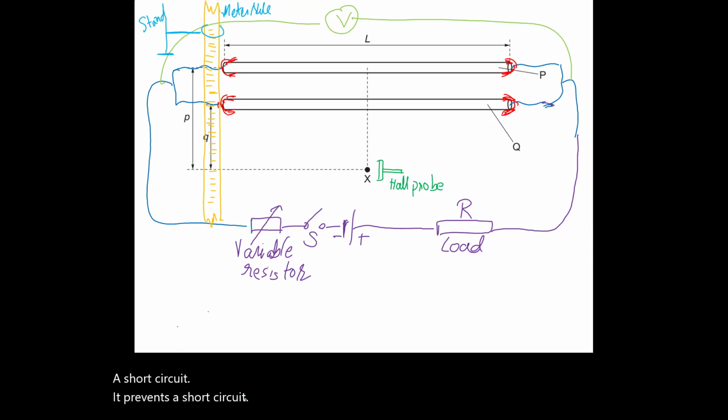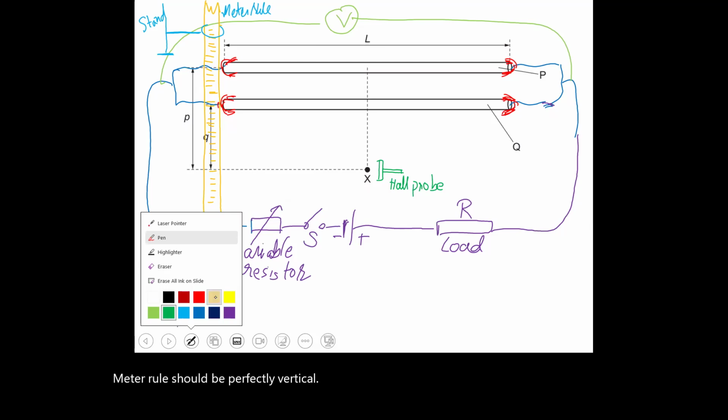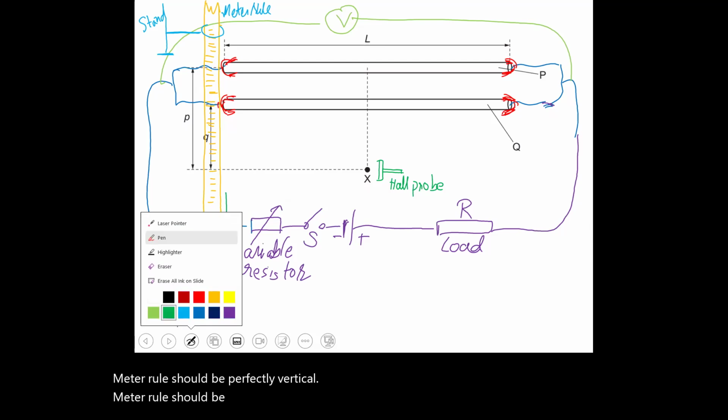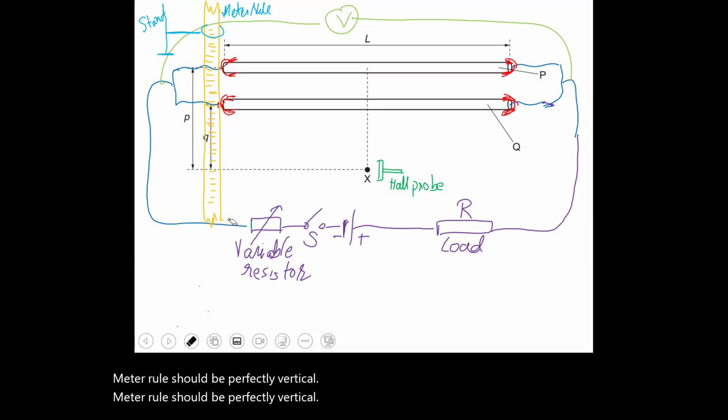Meter rule should be perfectly vertical. Confirm this by using a set square.